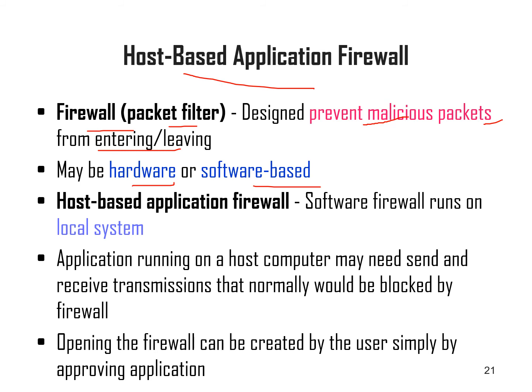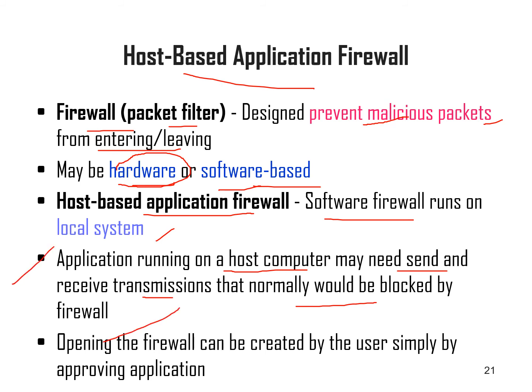Right? So a host-based application firewall is a software firewall that runs on a local system. If I have a dedicated system, then that is called a hardware firewall, right? If I have software installed in my local system, then that is called a software-based firewall. An application running on a host computer may need to send and receive transmissions that normally would be blocked by a firewall.